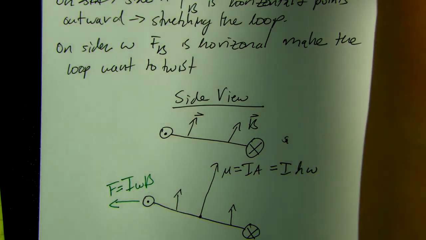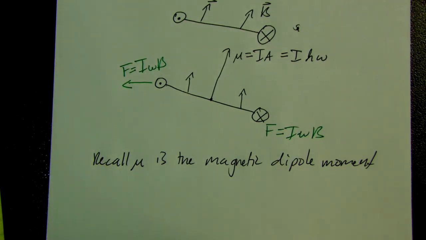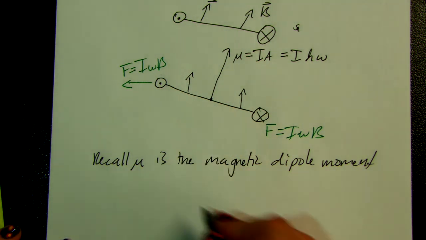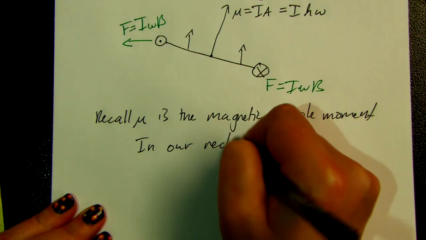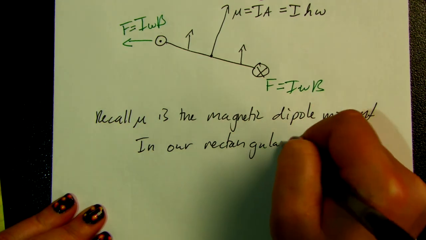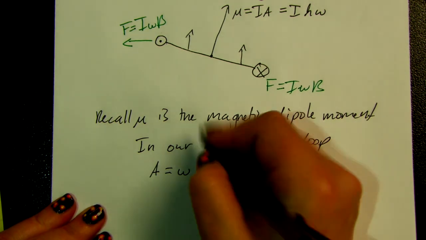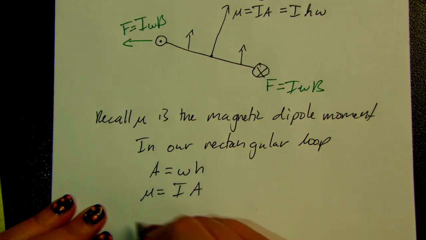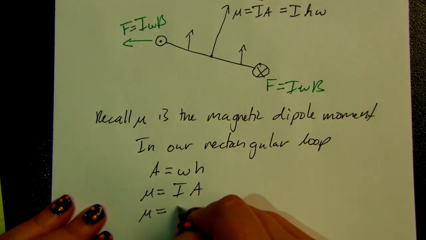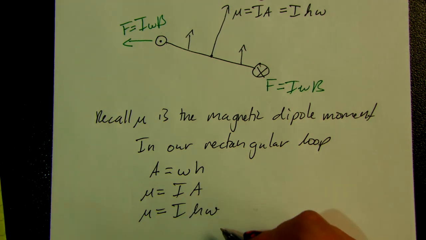So in our rectangular loop, area is equal to width times height. Mu is equal to current times area. Therefore, mu is equal to current times height times width.